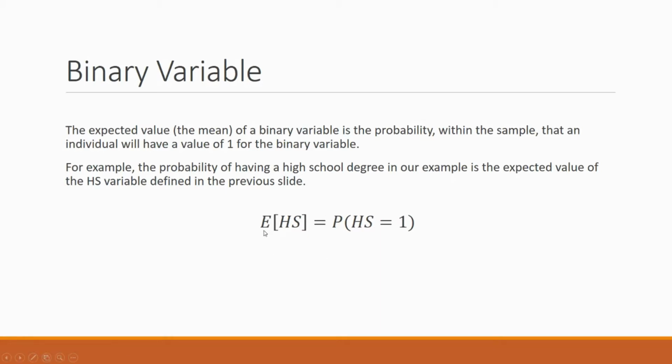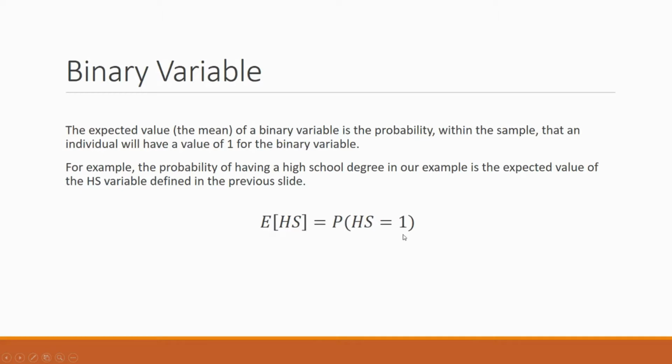The expected value of our HS variable, our high school degree variable, equals the probability, that's what the symbol P with parentheses means. So the expected value of the high school degree variable equals the probability that the high school degree equals 1.